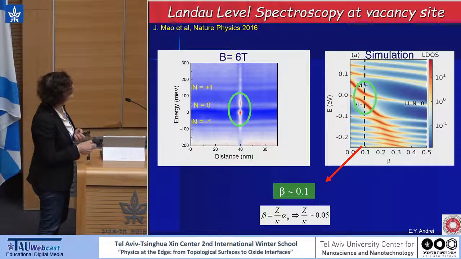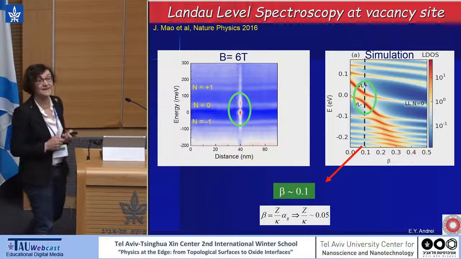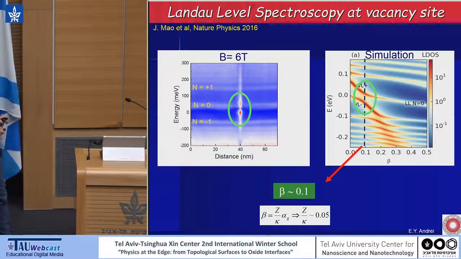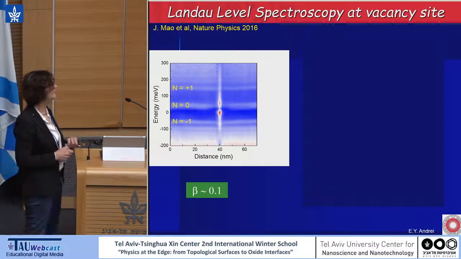You take the distance between these peaks, it is about 50 millivolts, and you get a beta of about 0.1. So by looking at these peaked Landau levels, we can tell what the charge is. And this charge is much smaller than predicted theoretically for an equilibrium state.